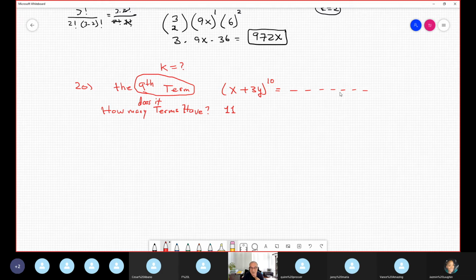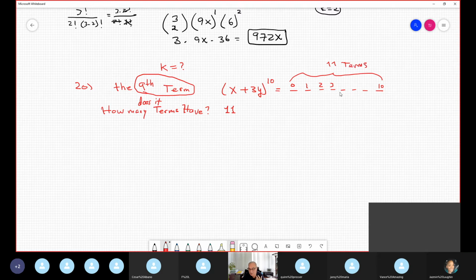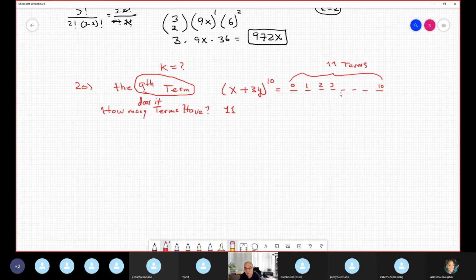Remember, we start, this is 0, 1, 2, 3, and the last one is 10, no? Because actually, in total, we have 11. This is the confusing part.